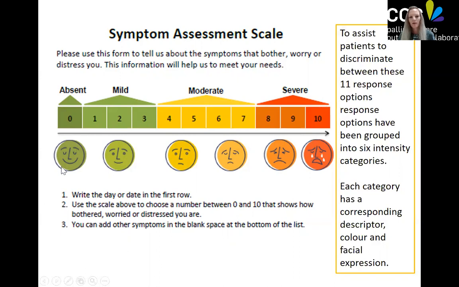To help patients rate their distress, we've grouped the numerical scale into 6 intensity categories, and we've assigned a colour and a corresponding face. So the mild range of symptom distress is 1, 2, 3. Moderate is broken into 2, represented by yellow colour, 4 and 5, and 6 and 7, and severe 8 and 9 in one group and 10 on its own.